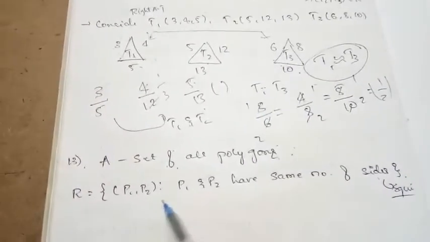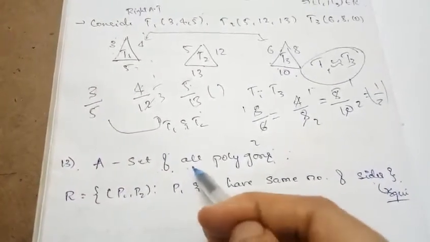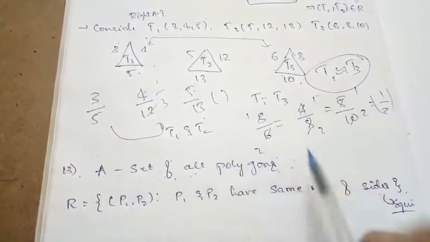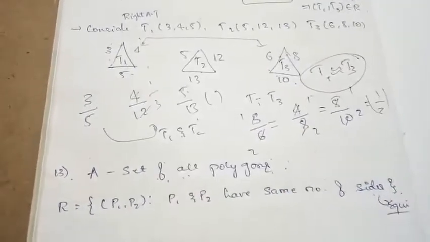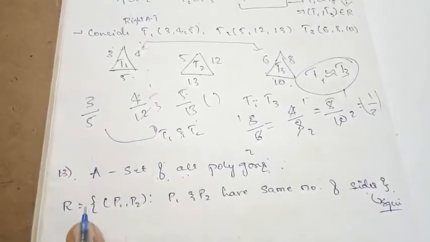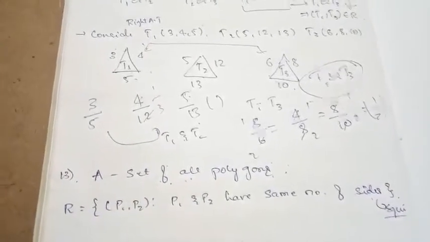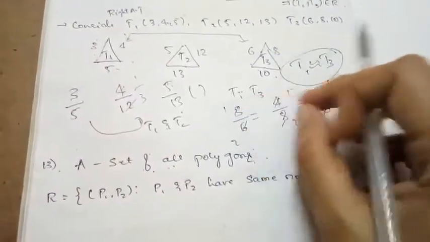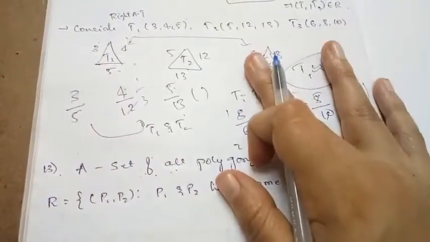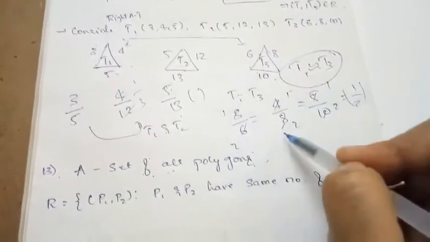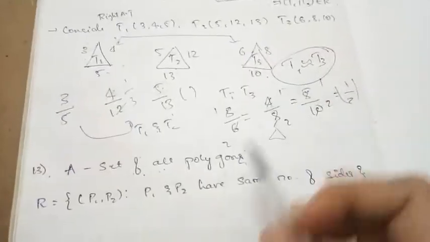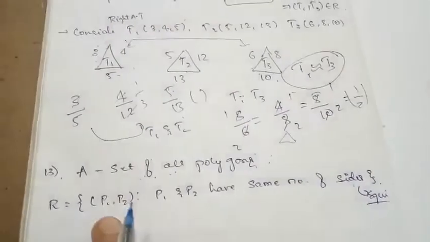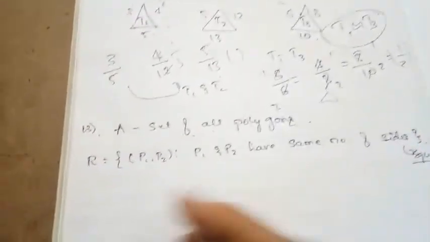So P1 and P2 are any two polygons from the set A. If they have the same number of sides, then those two polygons belong to the relation R. For example, if both P1 and P2 have 3 sides, that is a triangle, since 3 sides means we get a triangle itself. So if both the polygons are triangles, then they belong to relation R, like that.